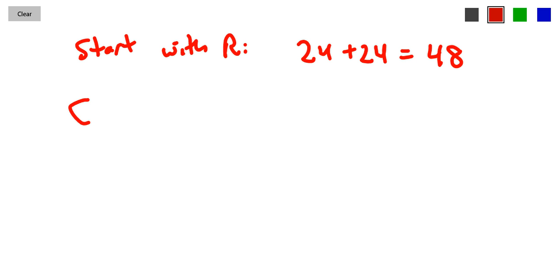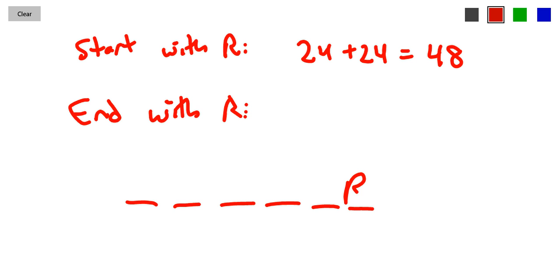So what about the opposite? I also need to consider it. What about ending with an R but not starting with an R? So we have to do that. And so the nice thing is that if I end with an R, all of the logic and math that I just did is going to just be repeated, because I know that the start position, since it cannot be an R, is either A, C, or E. So I would again divide it into cases, and I would end up with exactly the same math.